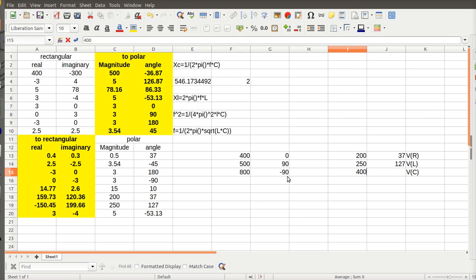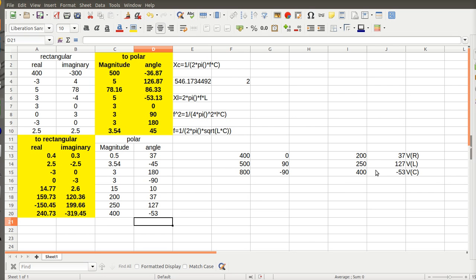And my angles would then subtract. 37 minus 90 works out to be -53. So I'm going to go down here and put that in as well. So I've got 400 and my angle is -53. The angle is about right to start with. Okay.